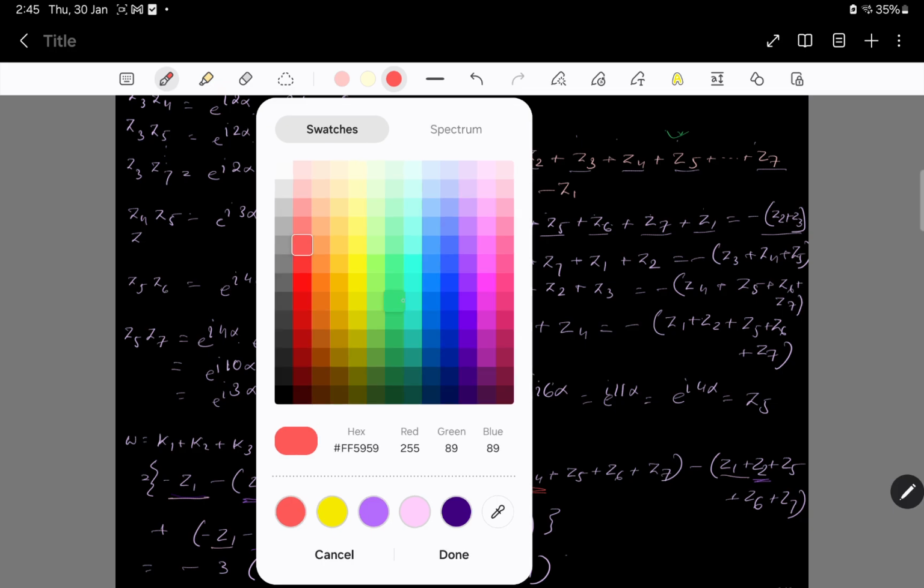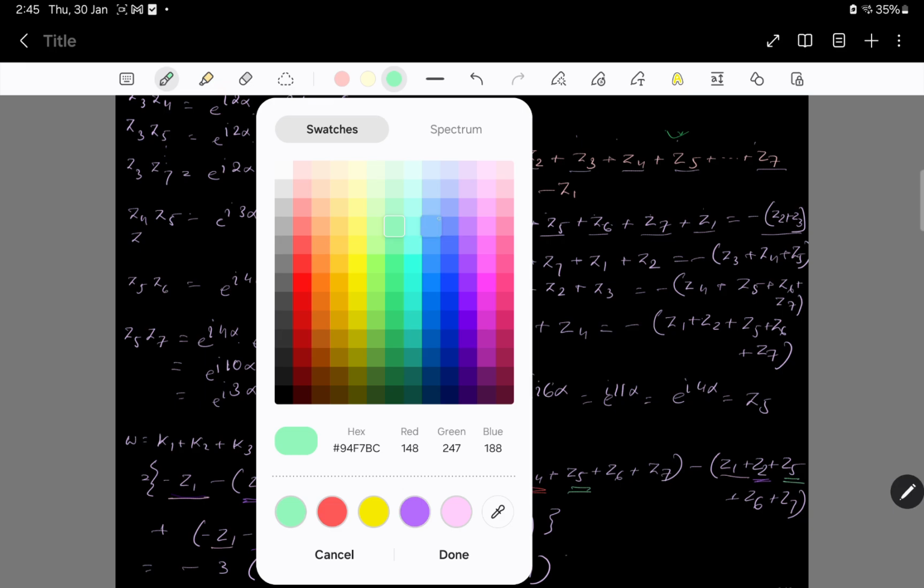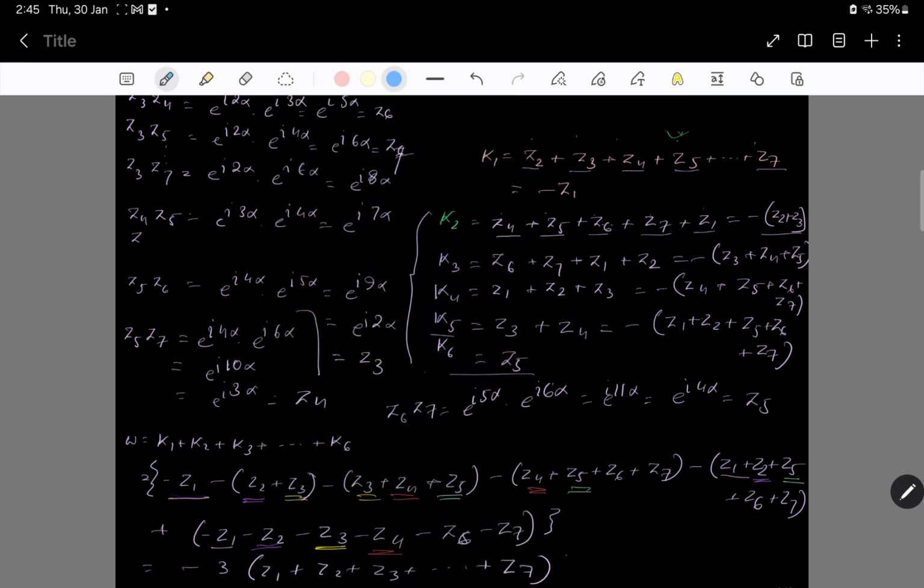Next, z5, one here, one here, one here, so yes, there are 3. Next, z6, one here, one here, and one here, and everyone has the same sign.